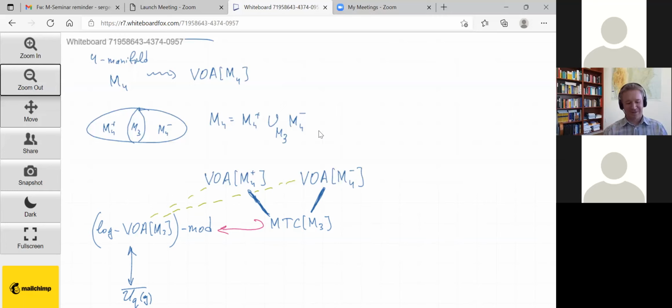So it's interesting that in the end, we're going to discover exactly this log VOA for those 3-manifolds which are defined by root systems. They're basically links of ADE singularities, surface singularities. So those are going to be indeed related to non-semisimple tensor categories for quantum groups at roots of unity.